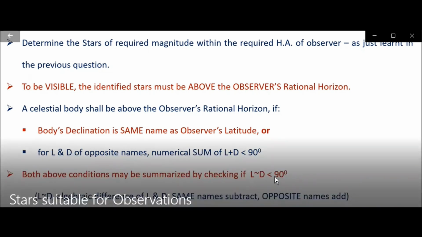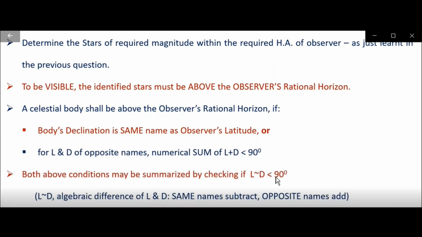Now, beta, what is this L difference D? This criteria basically tells us whether a certain celestial body will be above our horizon or below our horizon. If L difference D is less than or even equal to 90, we can see that body, it will be above our horizon.